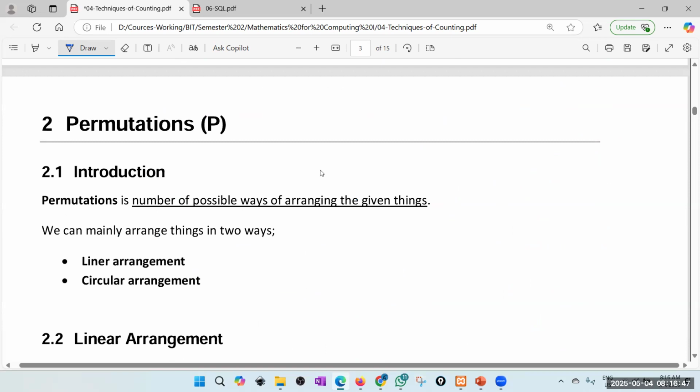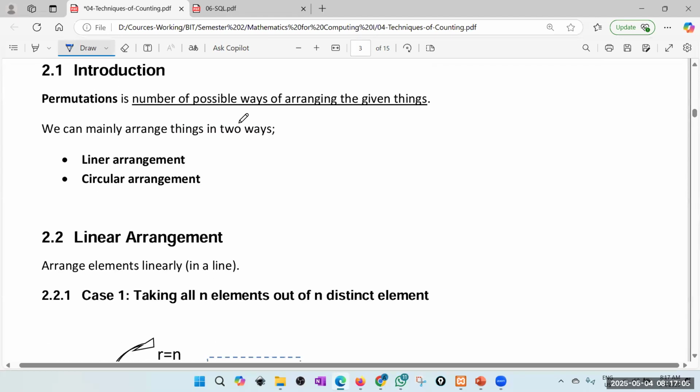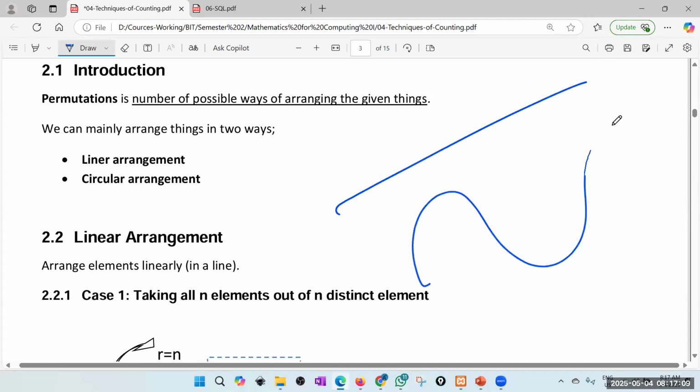Right, permutation. So permutation is all about arranging things. So we are interested in how many total ways we can arrange. And you can arrange in different ways, right? We can arrange like this, we can arrange like this, whatever.